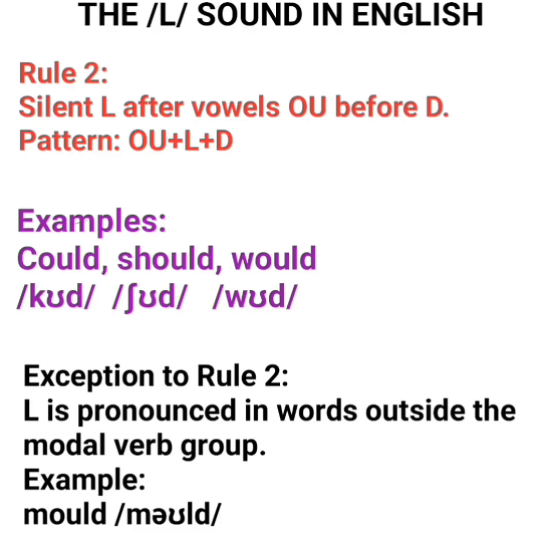Exceptions to this rule: L is pronounced in words outside modal verbs. It means that if you have an O-U-L-D word, but that word is not a modal auxiliary verb, it's not would, should, could, that L will be pronounced.